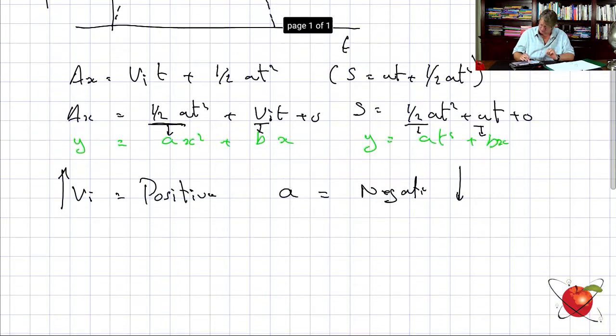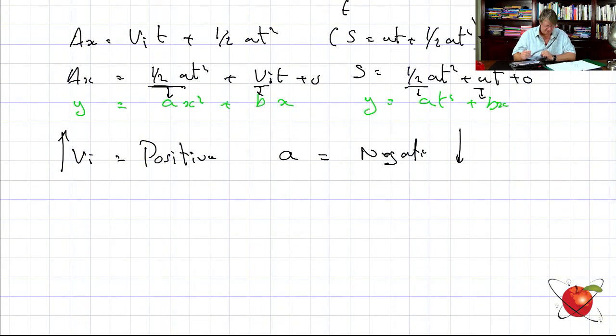Now, the next question is this one then. We say, all right. Now, therefore, let's just fill in some numbers here. I'm going to keep using the delta x for the moment, but s equals u t plus a half a t squared is equally applicable, as you know. Okay. Let's have a look here.